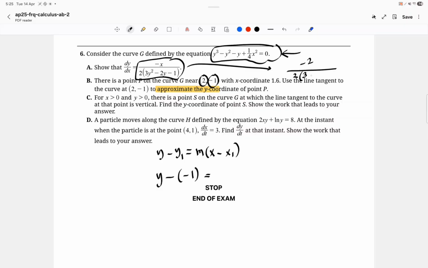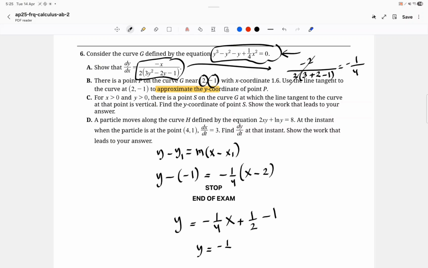So negative 1 over 4, because they cancel. So y minus (negative 1) is equal to negative 1 over 4 times (x minus 2). Okay, now y is equal to negative 1 over 4 x plus 1 over 2 minus 1. So y is equal to negative 1 over 4 x minus half.